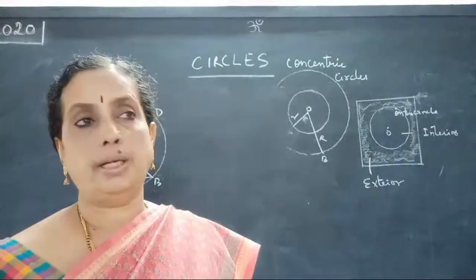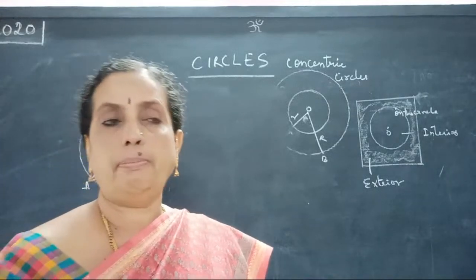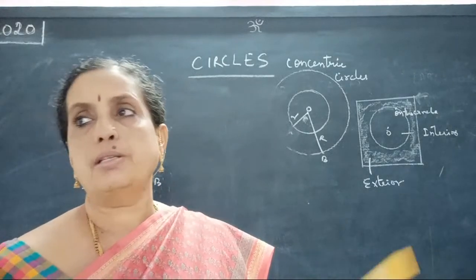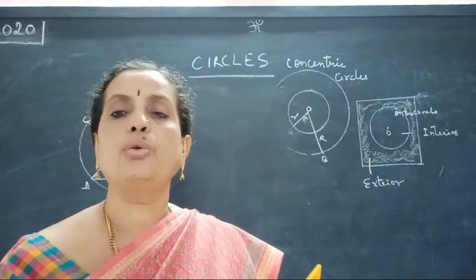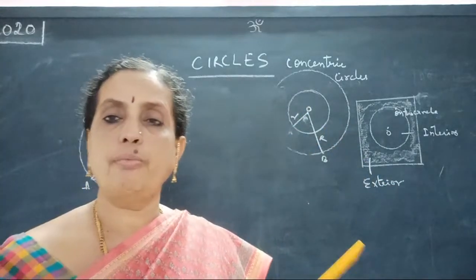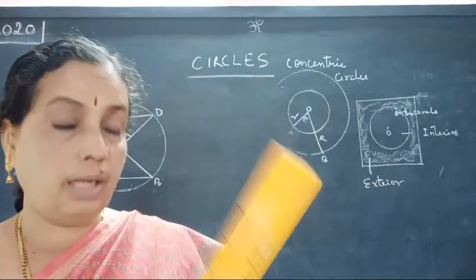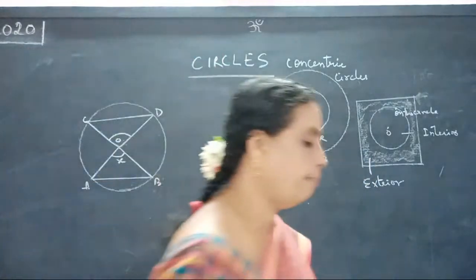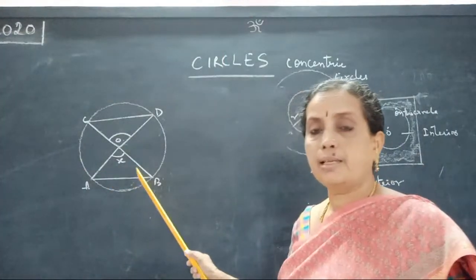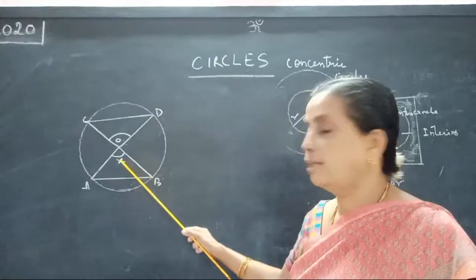I will give the statement. You have the proof of the statement, but practically also you can verify it. That is, in a circle, if you draw two equal chords and join them to its center, and if you measure the angles, they are equal in measurement. So we define this as the angle formed by the chord of a circle at the center.